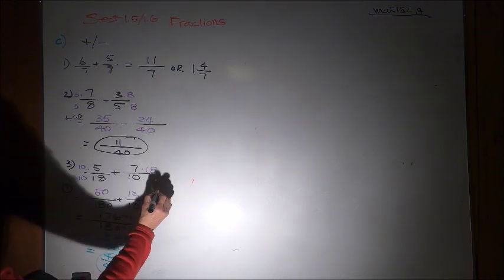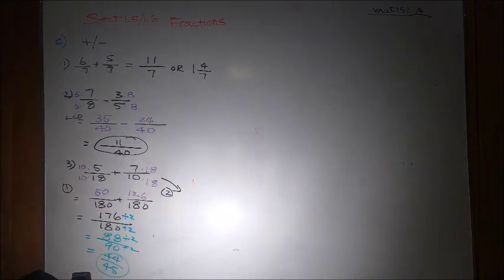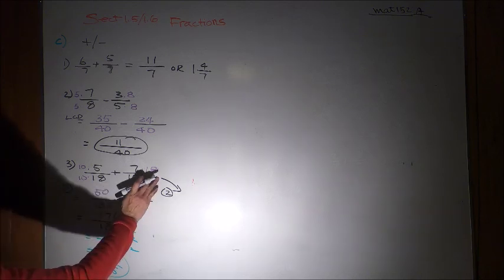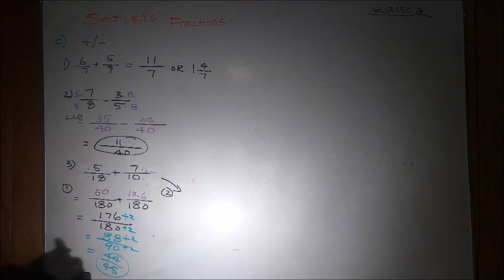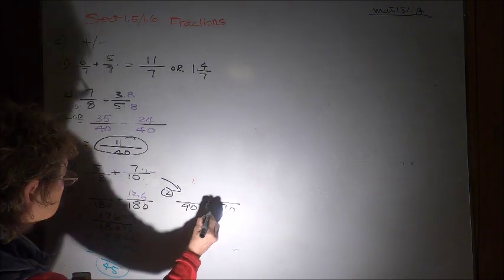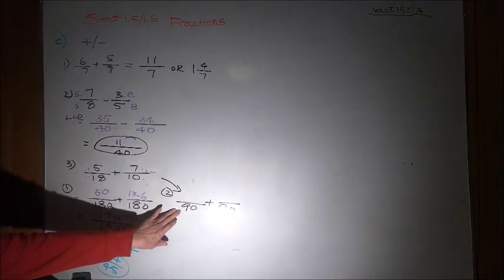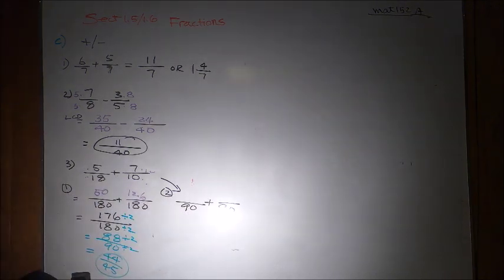However, let's see. What, 18 and 10, what would it be? The LCD actually is 90, because 18 can go into 90 5 times, and 10 can go into 90 9 times.